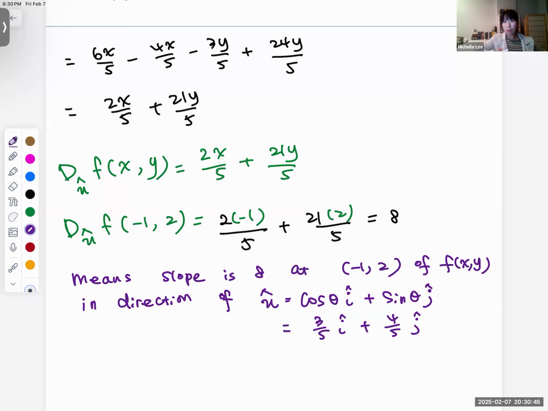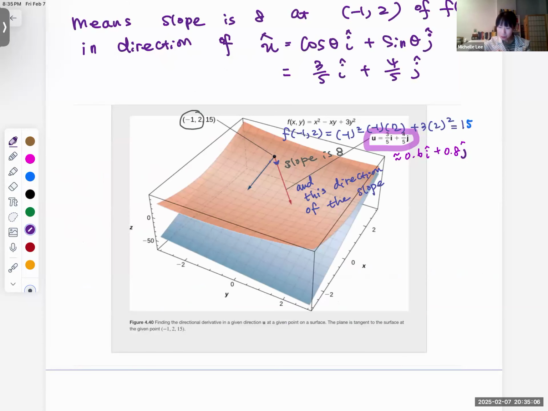Okay, so let me show you the picture. I brought the picture here. If we substitute -1 and 2 into the function, we get 15. That's the z coordinate. So this point is -1, 2, 15. And then we want to find the direction, right?